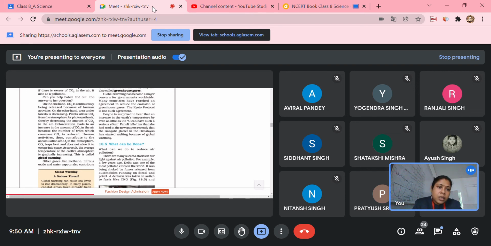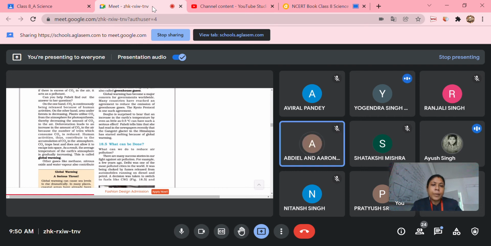And thus this greenhouse effect is not a normal one, it has gone to some extreme, and it is called global warming. So these three topics are clear: acid rain, then greenhouse effect, and the last one, global warming. Is it clear to all of you?